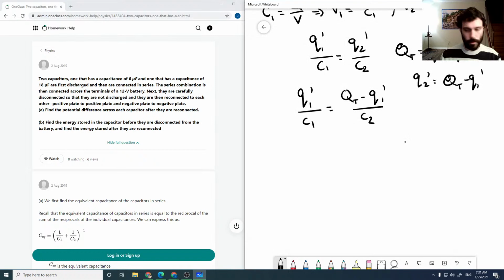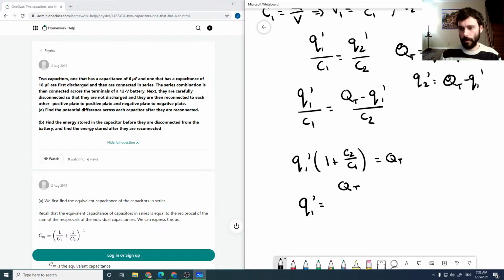Now we can rearrange and say that Q1 prime times 1 plus C2 over C1 is equal to Q total, or Q1 prime is equal to Q total over 1 plus C2 over C1.